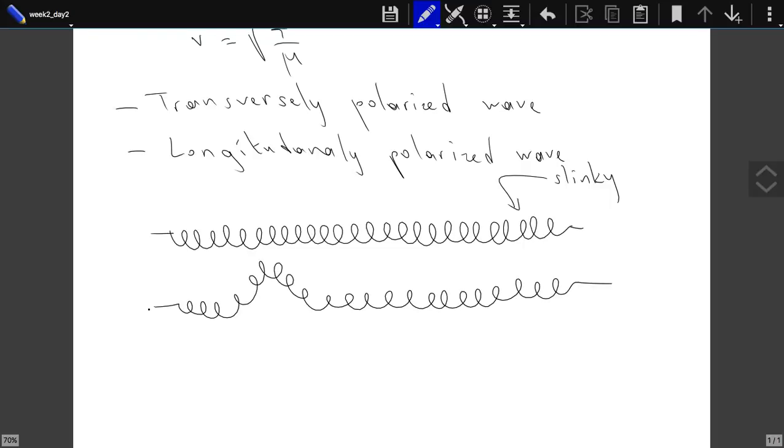Now, what kind of a wave are we talking about here? Well, the wave is the displacement of the mass making the slinky, the displacement from their equilibrium position. So if you just consider this point, which was initially here, now it has moved upward by some distance y.